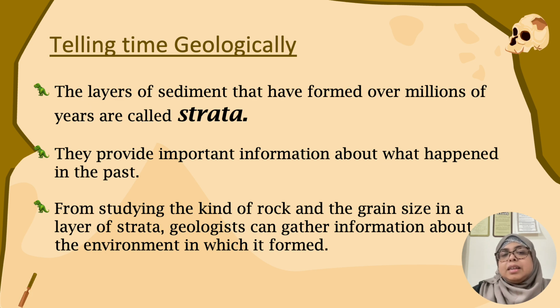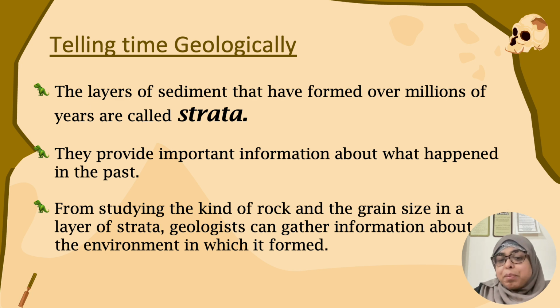All right. So when you look at a sedimentary rock, and we're going to learn about that, again, we're going to backtrack, a sedimentary rock usually has marks of layers on it, okay? And the layers of sediment that have formed over millions of years are called strata. Okay, very important vocabulary.